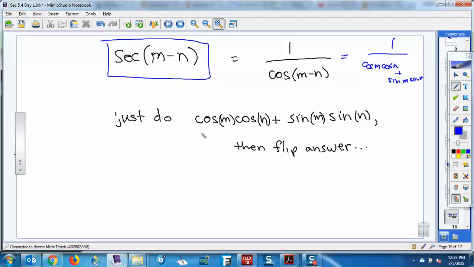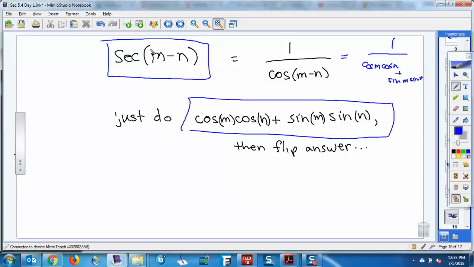So you might as well just pretend it was cosine, get your answer, and then just flip it, right? Because that's what it is. Secant would be 1 over cosine, so all that would be on the bottom. So you might as well just do all that, and then just flip it, okay?